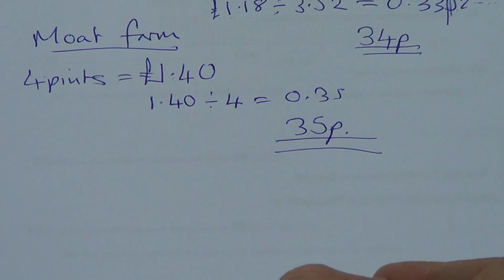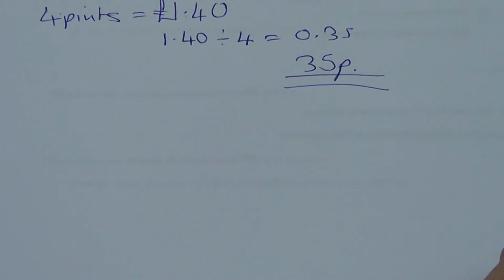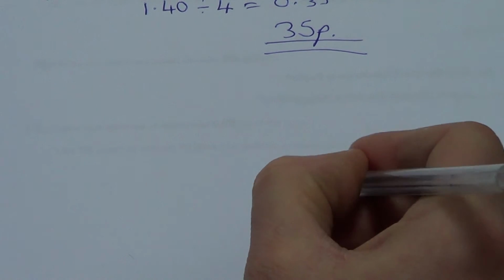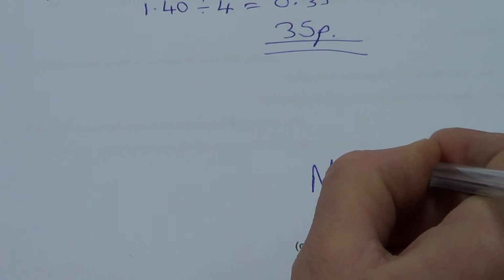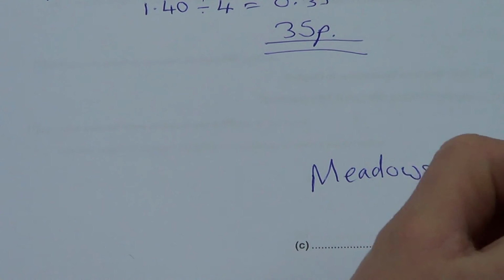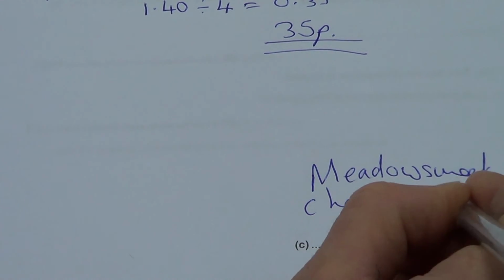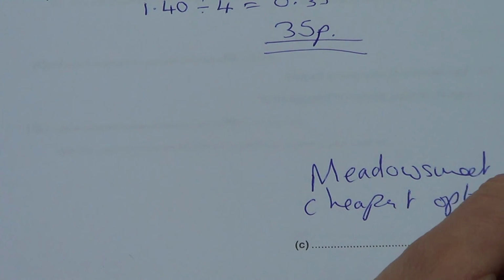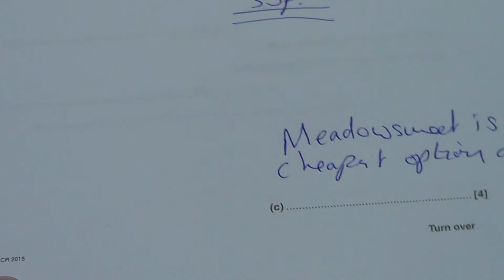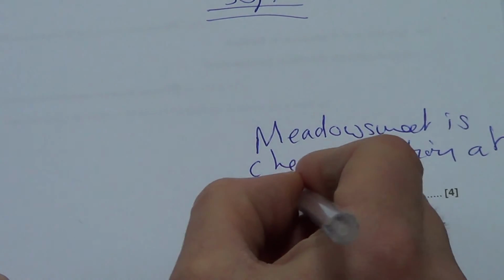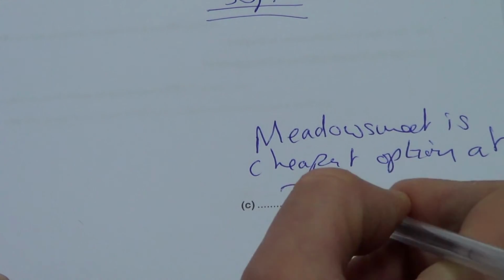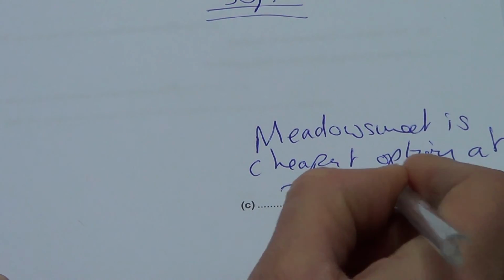Okay. Meadow Sweet is cheapest option at 34p for a pint, per pint.